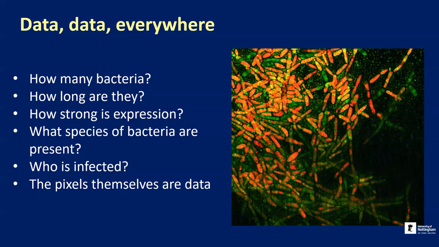Maybe you're looking for resistant MRSA or something like that, and you're using these coloured tags to identify the species of interest. So you might want to know for each sample, like the one on screen, is this person carrying the particular bacterium of interest or not? Is there an infection? And you could really drill down into the data displayed in this image, and actually each individual pixel on the screen could represent a series of numbers.